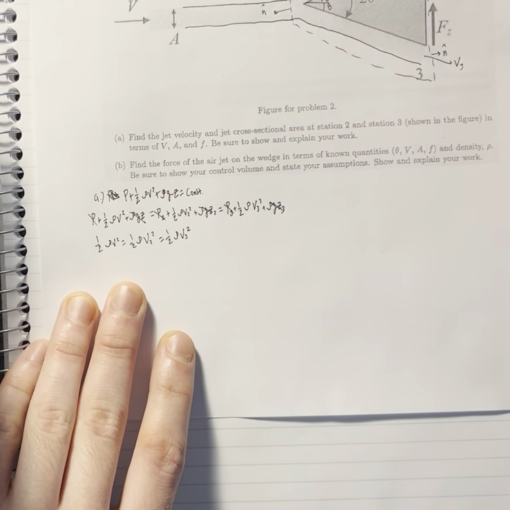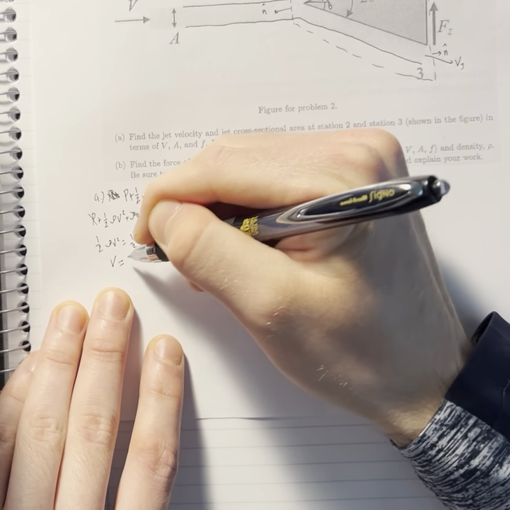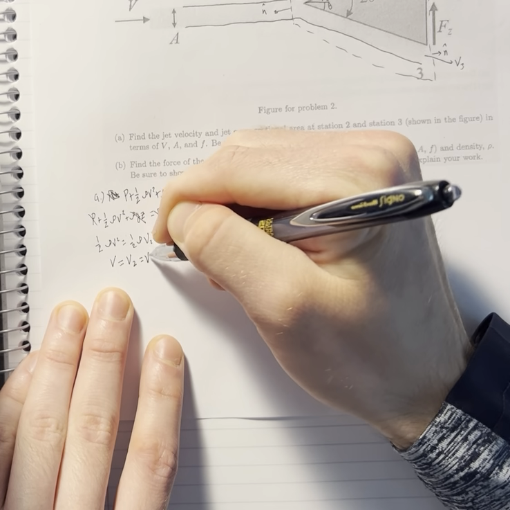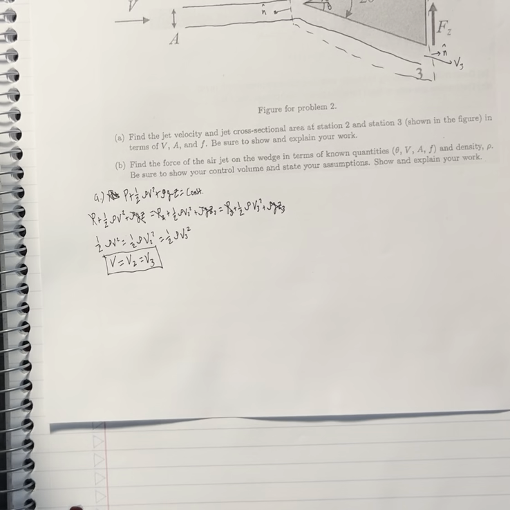And if it's incompressible, boom, all the velocities are equal, just via Bernoulli's. Easy enough. Cool, so all the velocities are the same.